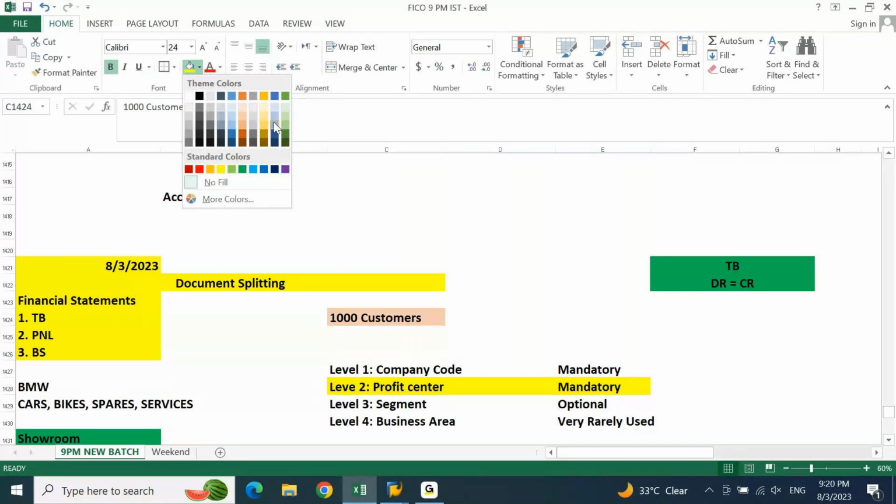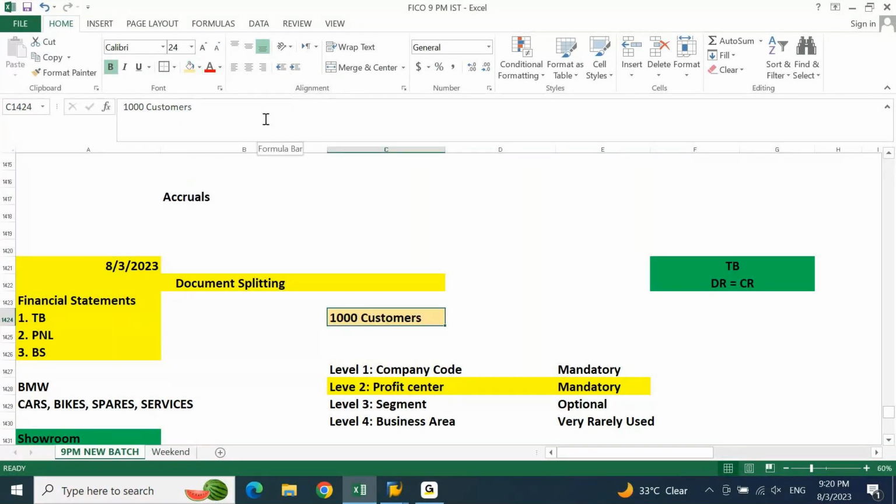Now, is your customer an asset or a liability? Customer is an asset. If I do not take the subledger concept, I will end up writing 1,000 customer names in my balance sheet. Normally we prepare our financial statement as a booklet, correct?